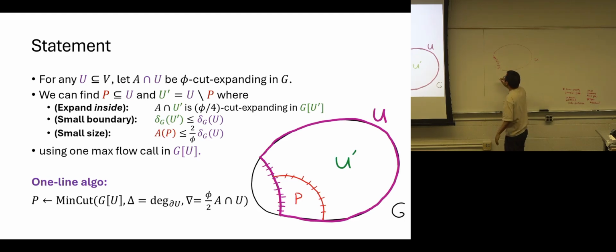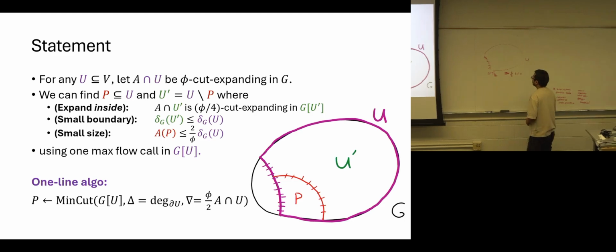So the source is on these split nodes. And the sink is just phi over 2 times A intersect U.